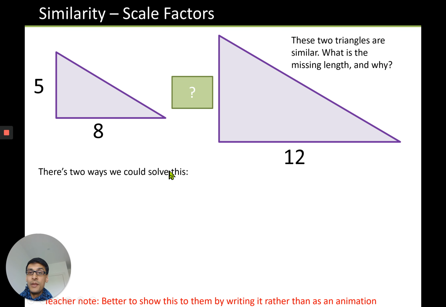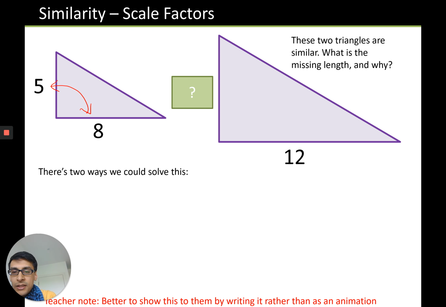So there's 2 ways we can answer questions when we're looking for scale factors. The first way is to figure out the ratio within a shape. So in this case, there is a relationship between 5 and 8.